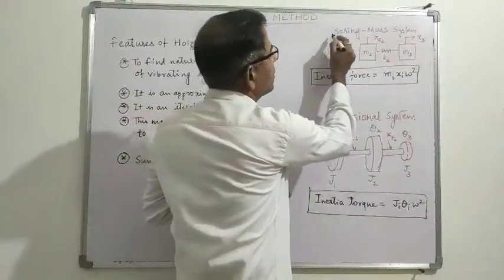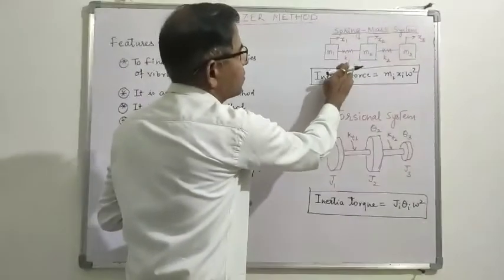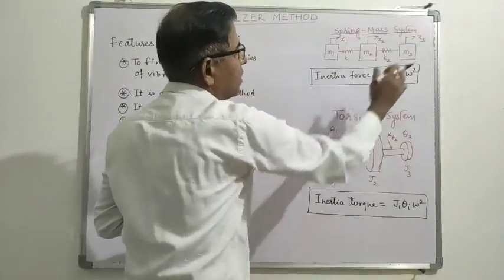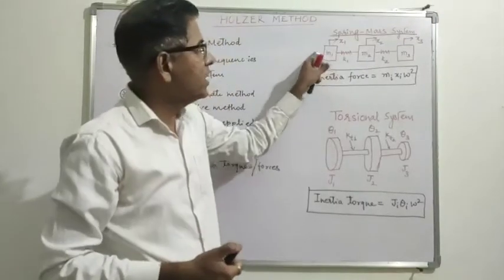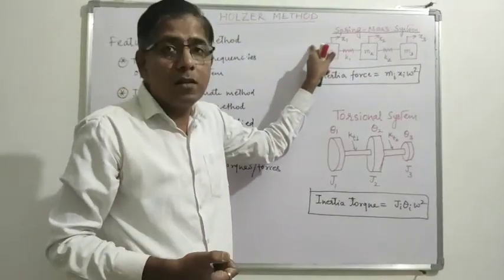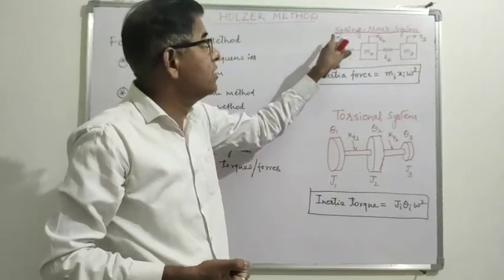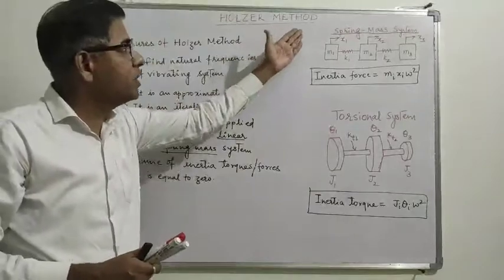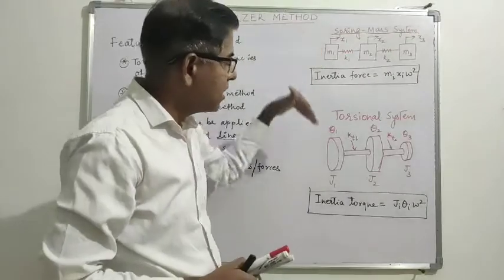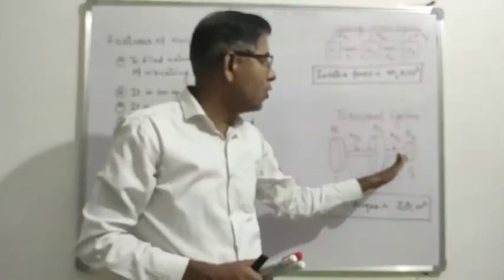The first case is a spring mass system: mass, spring, mass, spring, a series of springs and masses. This multi-degree of freedom system, or rather a 3-degree of freedom system, is an example of a spring mass system, and the Holzer method is applicable to spring mass systems as well as to torsional systems.